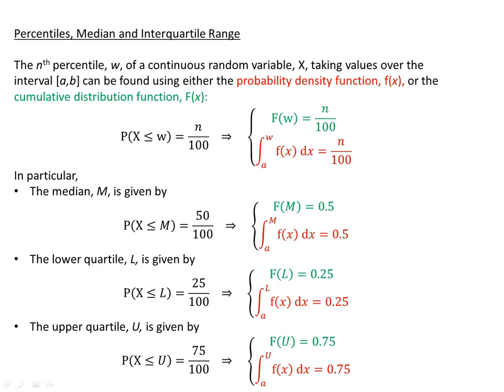And then this immediately gives us extensions to the definitions for the median, the lower quartile and the upper quartile of a continuous random variable.